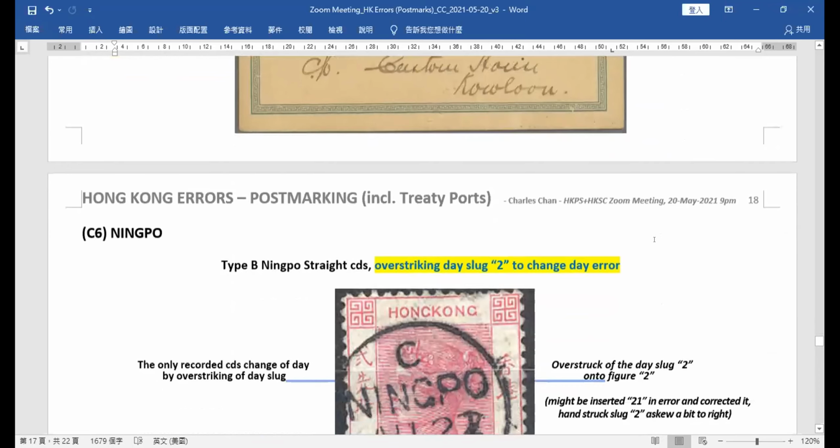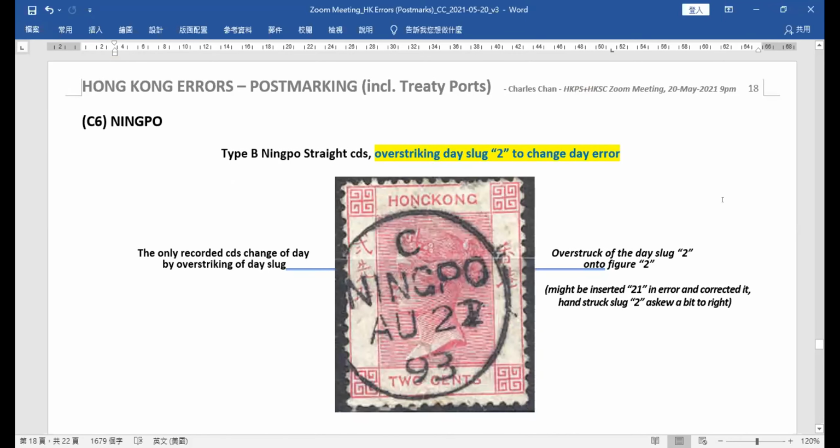Going down. Ningpo. It is a very interesting situation to overstrike the day 2 to replace the 1. The postal card ensured that the day is the 21st. Maybe later on they found an error, therefore using the day stamp to strike on. You can see the 2 is a little bit to the right, not aligned well.